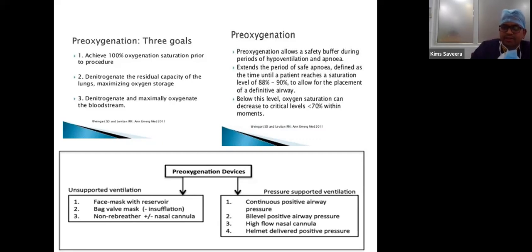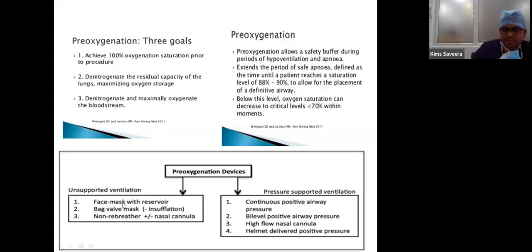It extends the period of safe apnea, which is defined as saturation level 88 to 90 while we allow placement of the airway. Below this level, the oxygen saturation can decrease critically to less than 70 within a moment. For pre-oxygenation devices, we have two types: unsupported ventilation or pressure-supported ventilation.